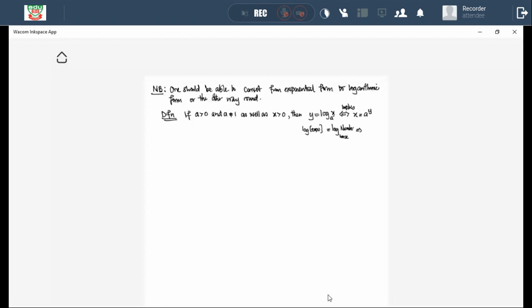This implies that the number is equal to the base, just put capital letter B there, to the power of the exponent, which is now your logarithm. Let me try to put it clearly. That which you are calling the exponent or log is equal to the logarithm of the number.